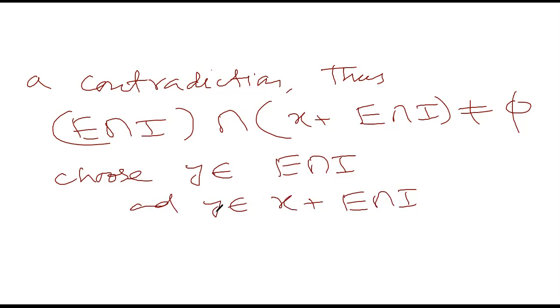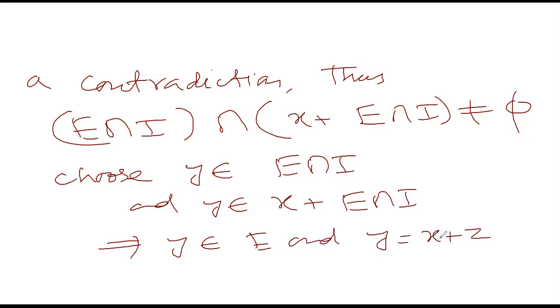Y belongs to E intersection I, so this means y belongs to E. And this y is equal to some x plus z, where this z is also in E, because it is x plus a point of the intersection.